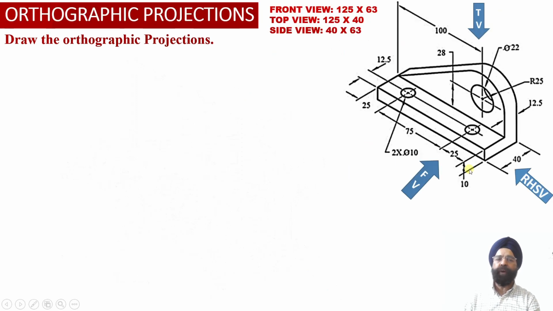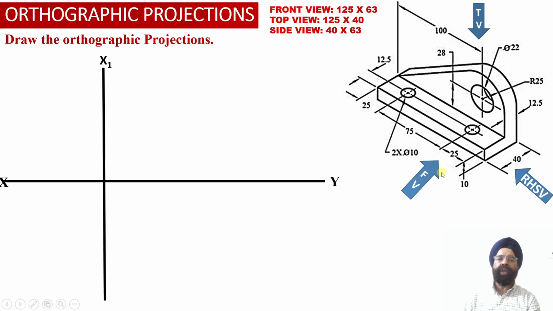So with this information, we are required to evaluate the front view, the top view and the right hand side view projections corresponding to this engineering object. Now as per the conventions of the first angle projections, the front view projection of the solid will be obtained above the XY reference line.